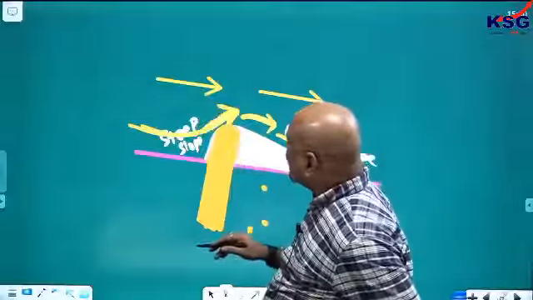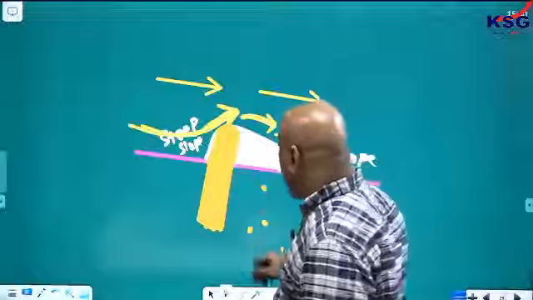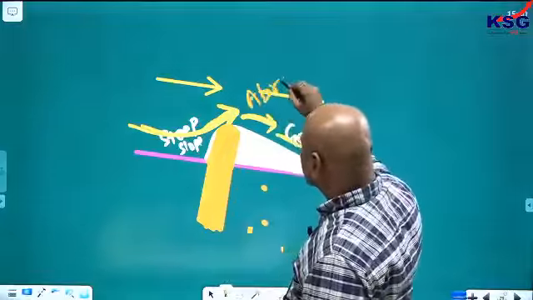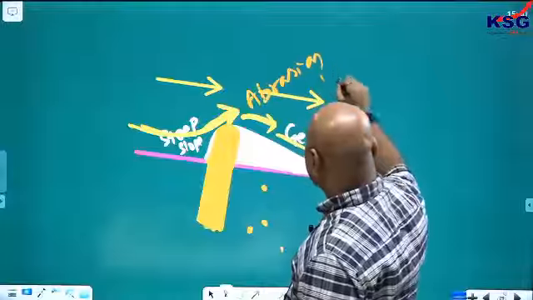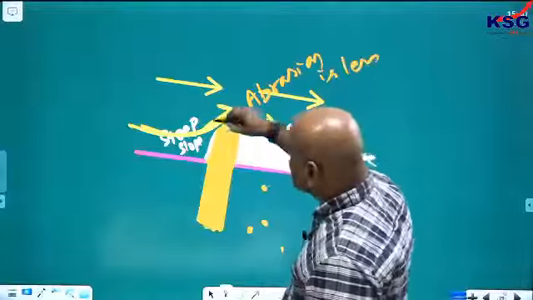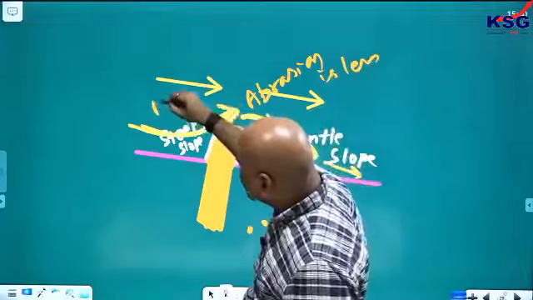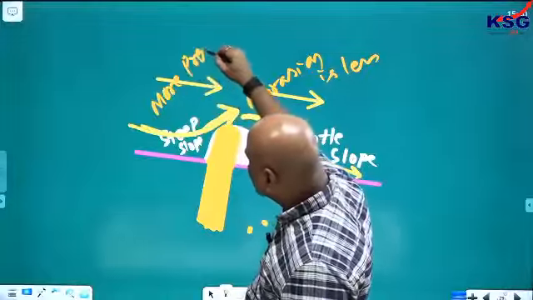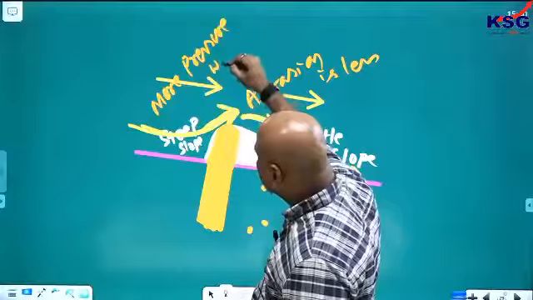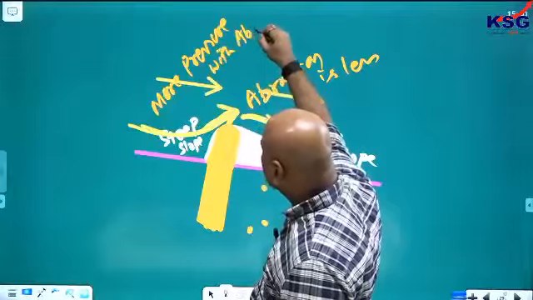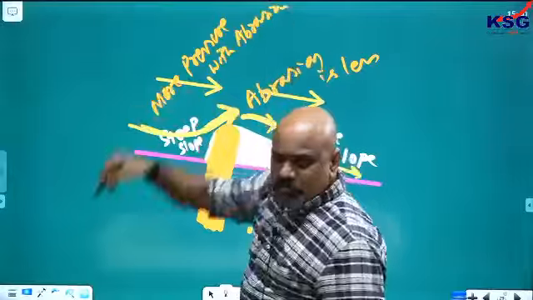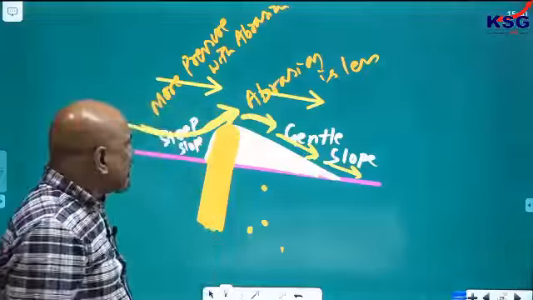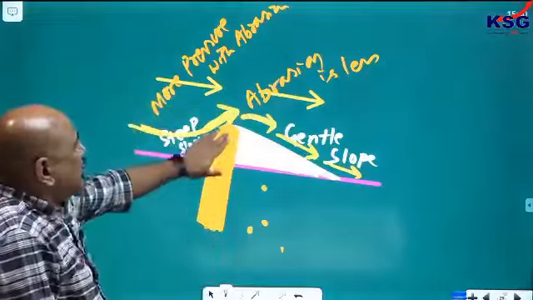So on this side you have abrasion, differential abrasion. Here the abrasion is less. At the front there is more pressure with abrasion, and on that side you have only abrasion.